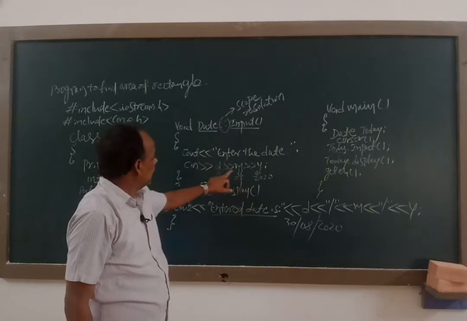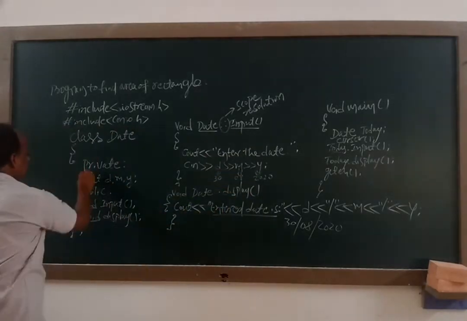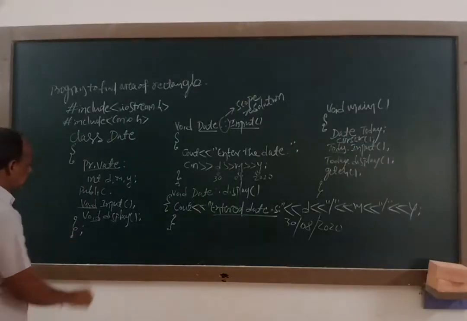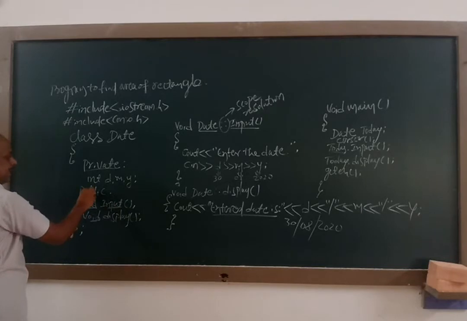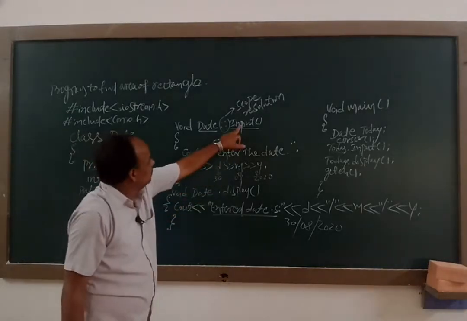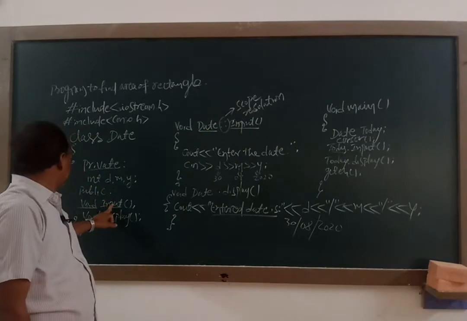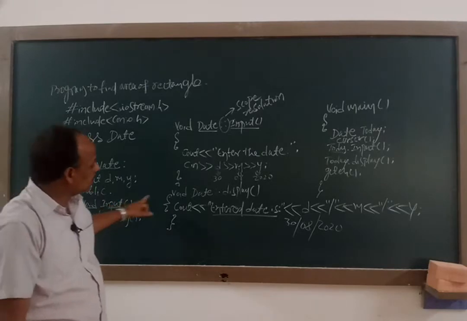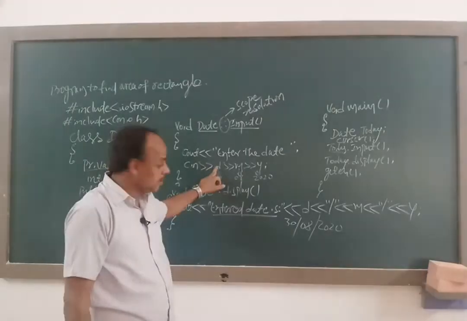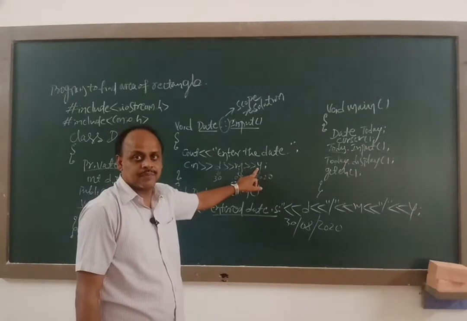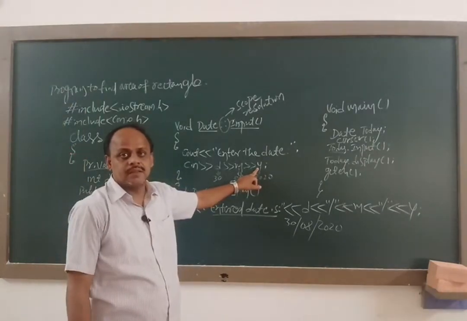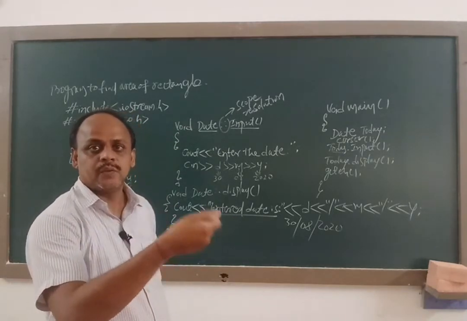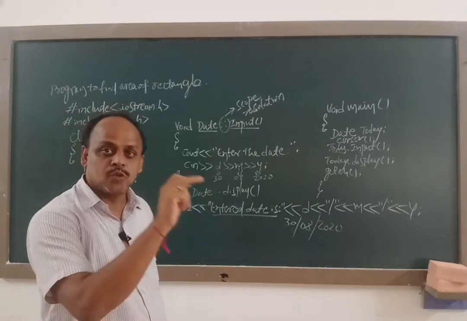Here day, month, year are actually private, means they are accessible inside the class only, but this input function is declared under public. Therefore this input function is accessed from this part, right? Therefore we are not entering here today dot day, today dot month, today dot year. In the previous example there were no member functions, and that's why we were assigning values to the data member through object.